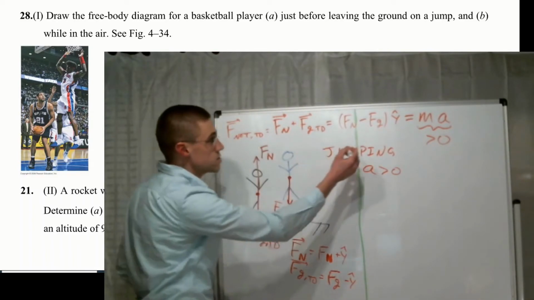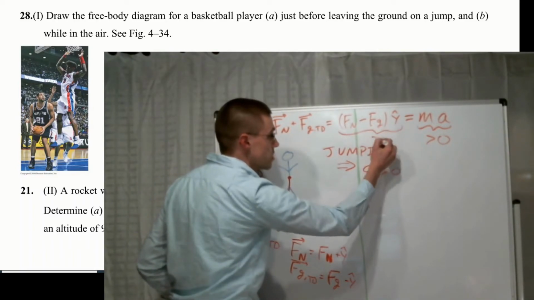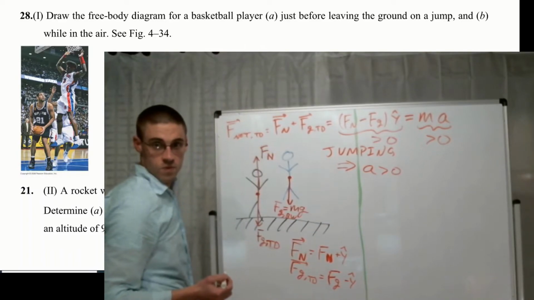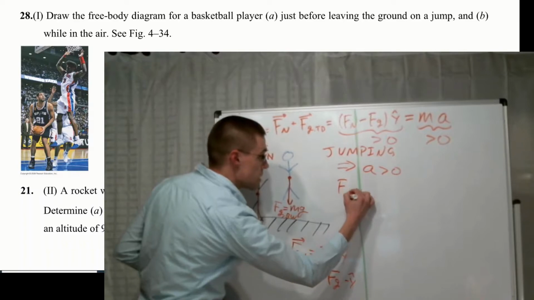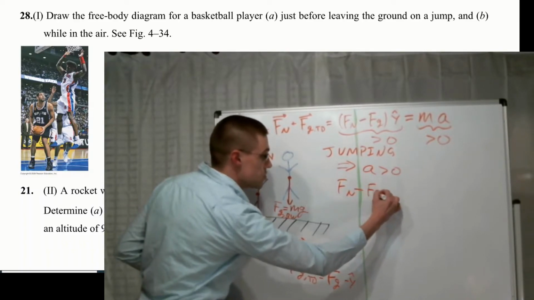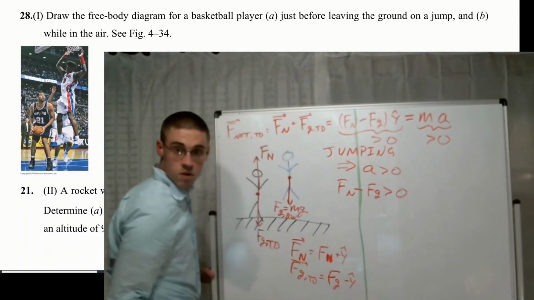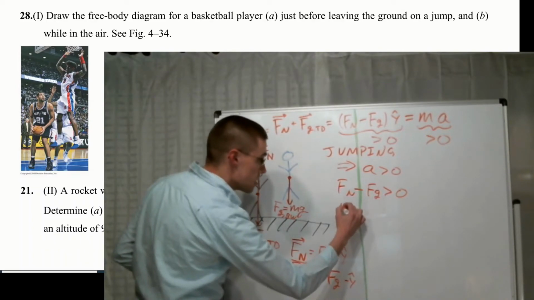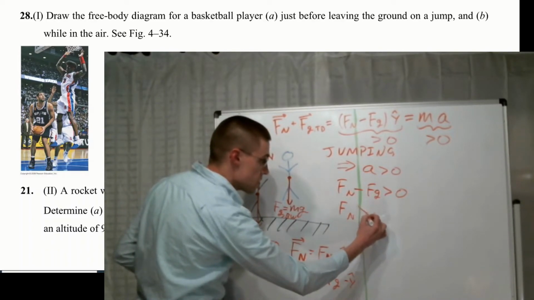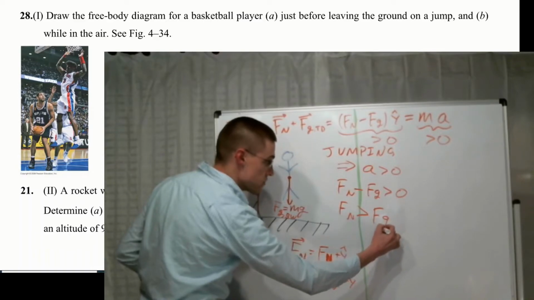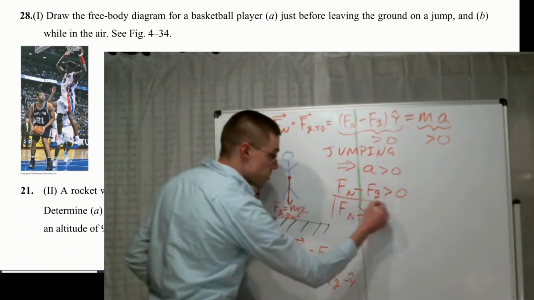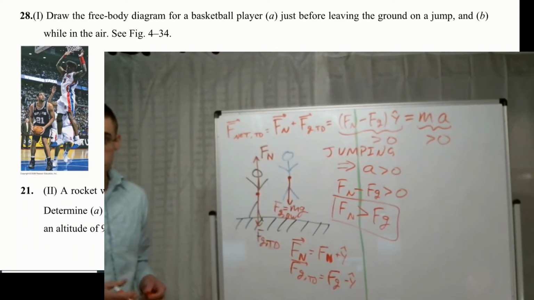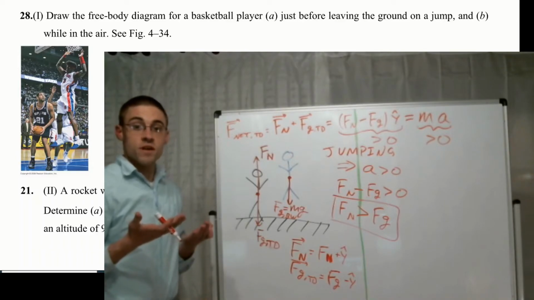And it would also mean that this quantity here was also positive. Okay, well, if that's positive, that would mean that Fn minus Fg is positive. And that means that the normal force would have to be larger than the gravitational force. So if we knew that he was jumping, that implies that we know that the normal force is greater than the gravitational force. Otherwise, he wouldn't lift himself up off the ground, right?